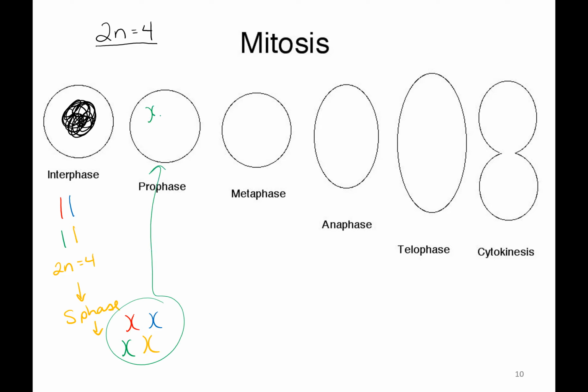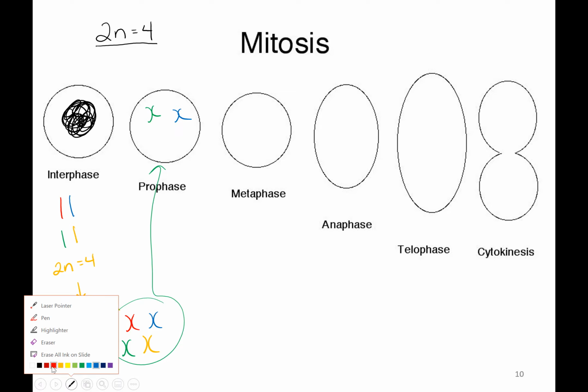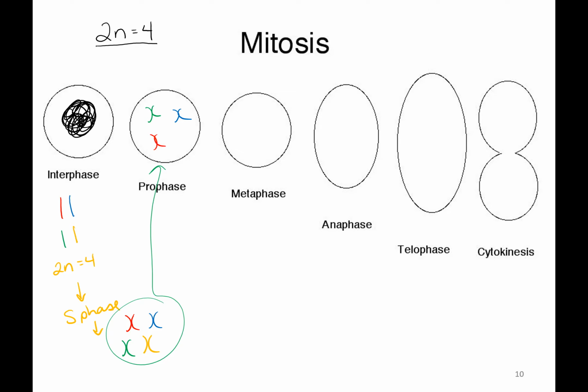So let's put them in here. We've got them all squiggling around. Alright, so prophase, you can now see the squiggles, whereas here it was all just mushed together.